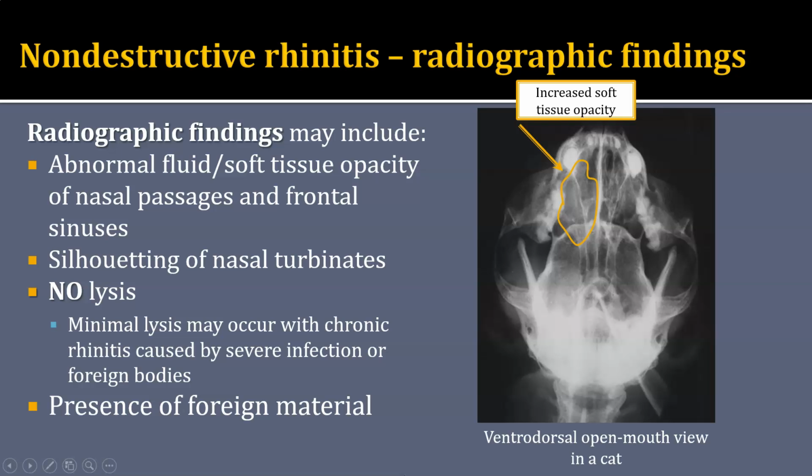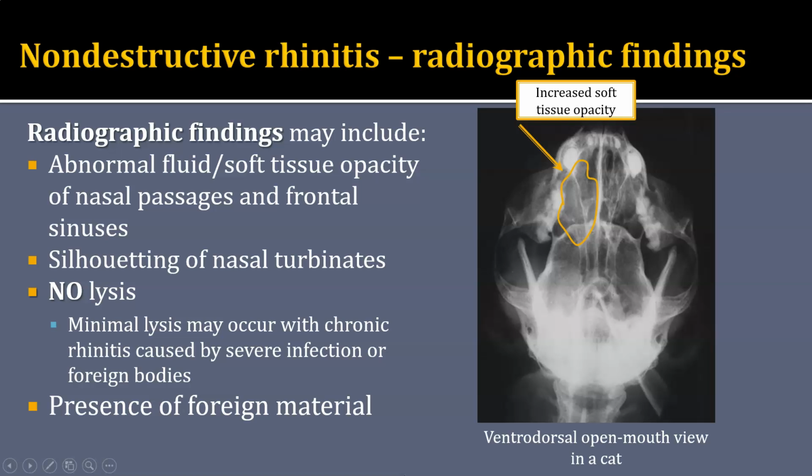In the rostral part, where we have those soft tissue nasal turbinates, we may lose clarity of those because they can silhouette with the fluid that's in the nasal passages. And we should not see lysis, so our osseous structures should be spared. However, the caveat is that we may see very minimal lysis if we have a very chronic case of severe infection or foreign body leading to that rhinitis.